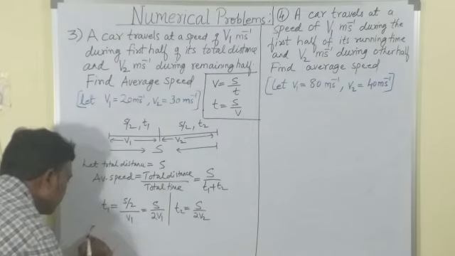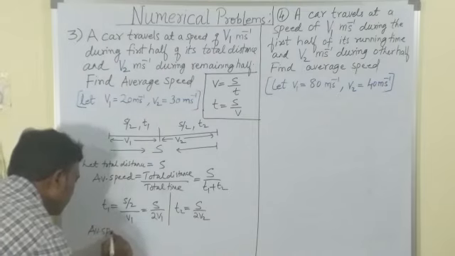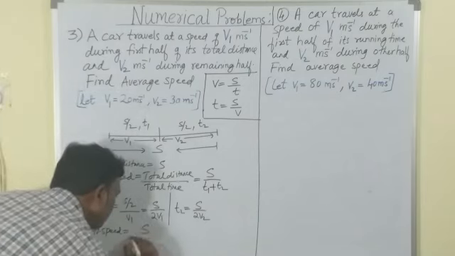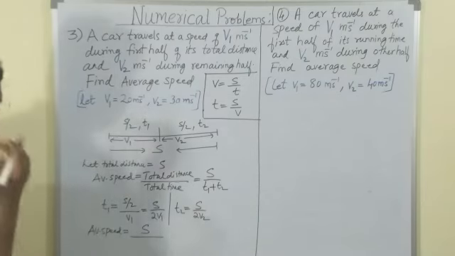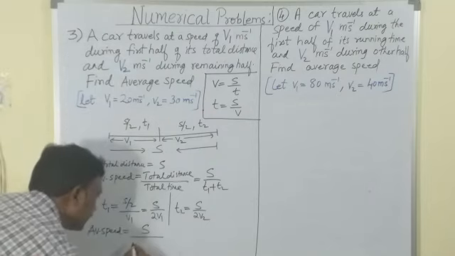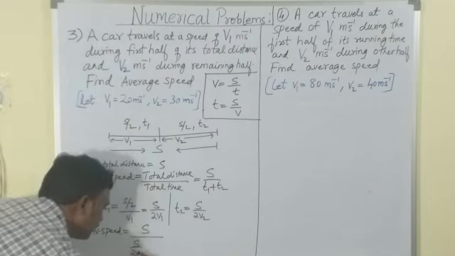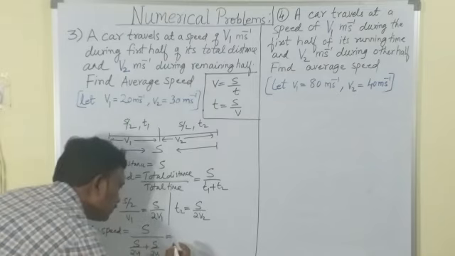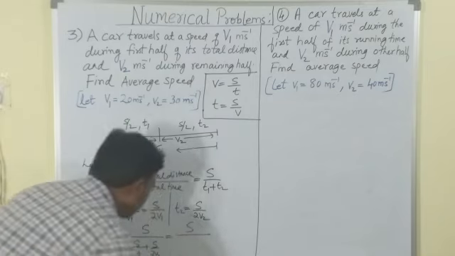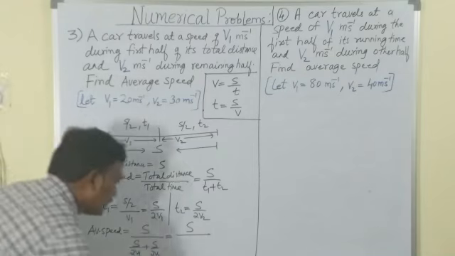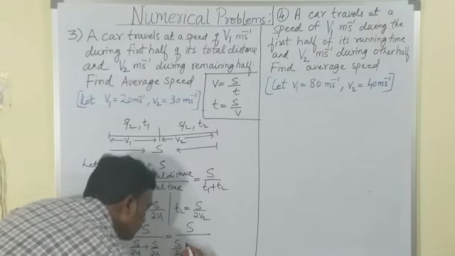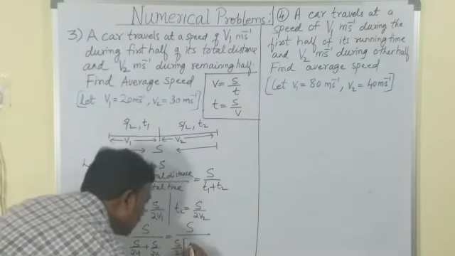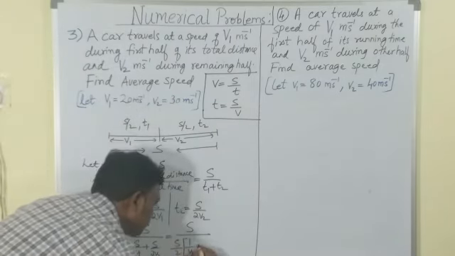Now the average speed. Average speed is total distance S by t1 plus t2, that is S by (S by 2 V1 plus S by 2 V2). Let us simplify this. S by 2 I am taking common, and 1 by V1 plus 1 by V2.